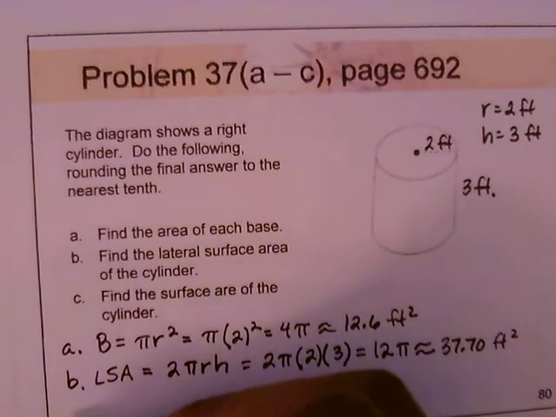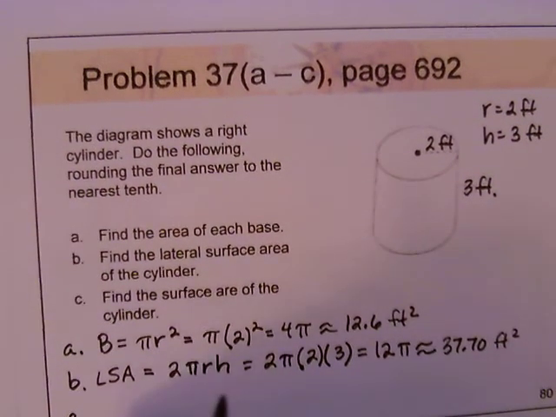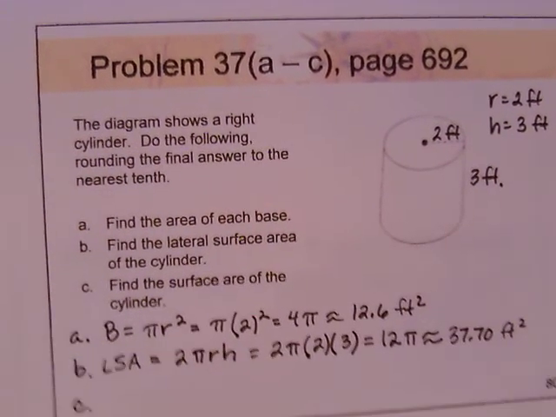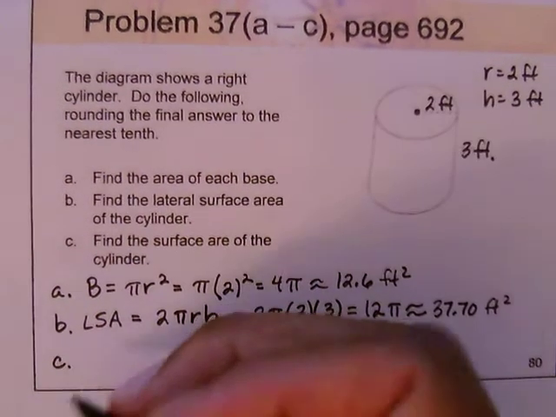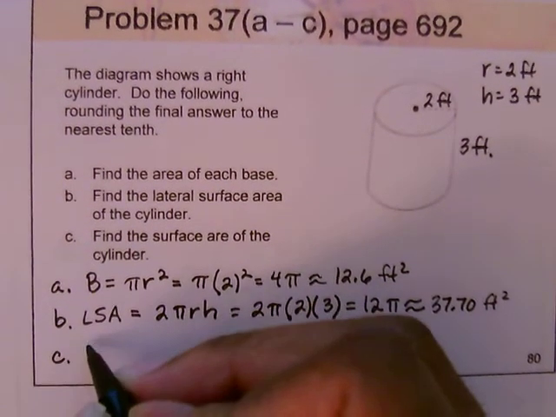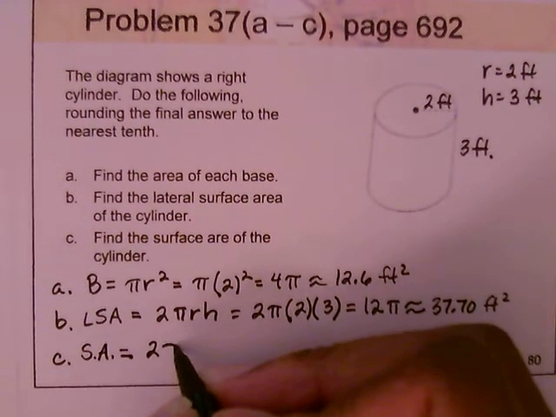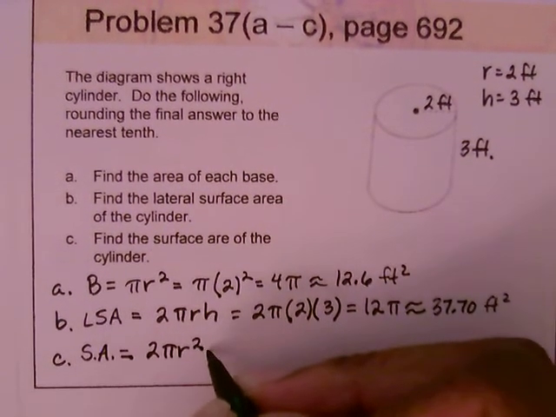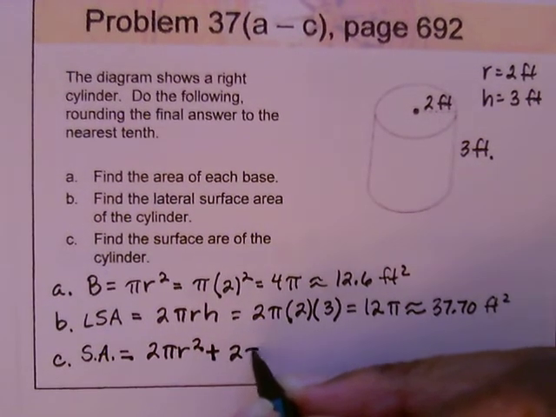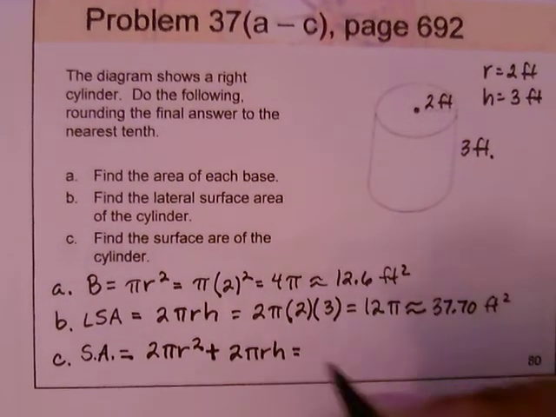And then finally, part C is finding the surface area of the cylinder. In this case here, the surface area is 2 pi r squared plus 2 pi r times h.